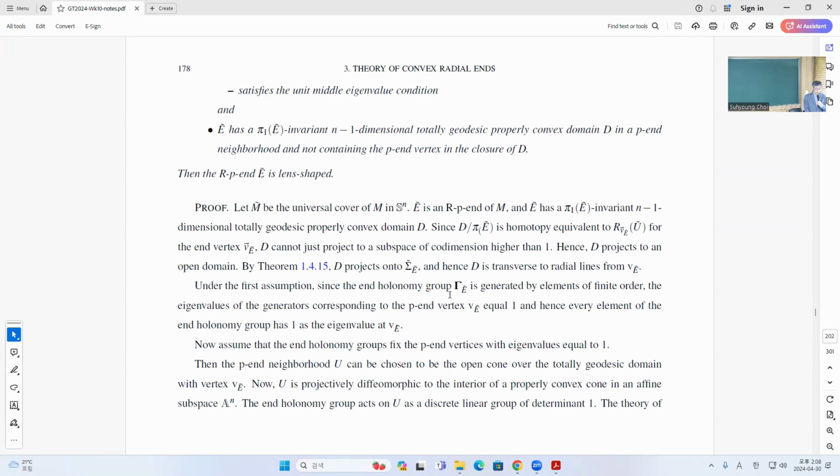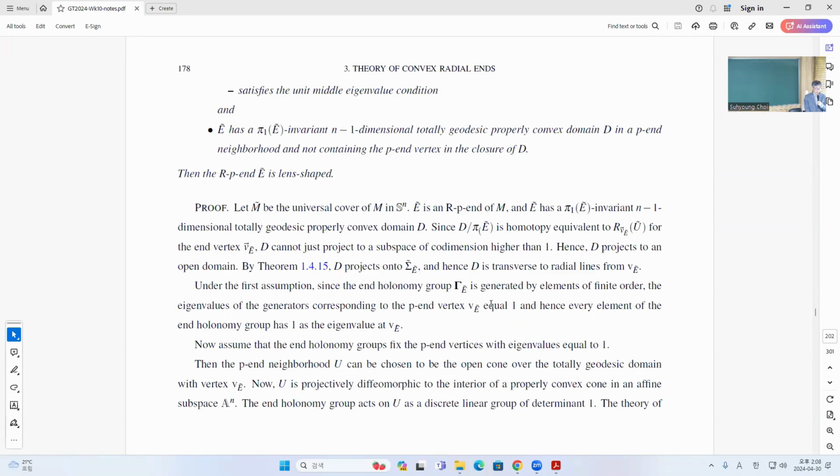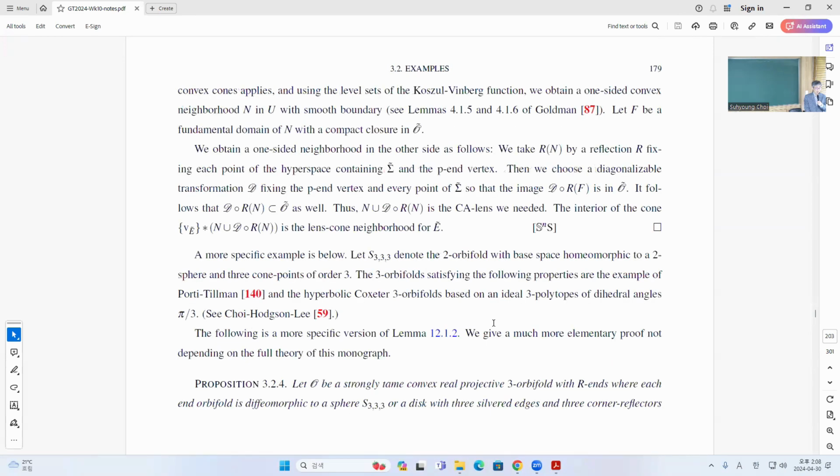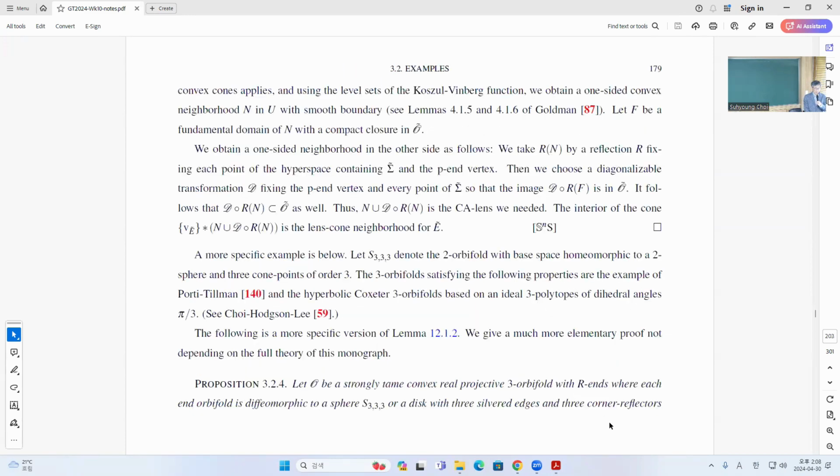So the basic idea here is that this condition will imply that it satisfies the unit middle eigenvalue condition here. And so the basic reason is if you cut off this totally geodesic domain, then you can put it as an affine cone.